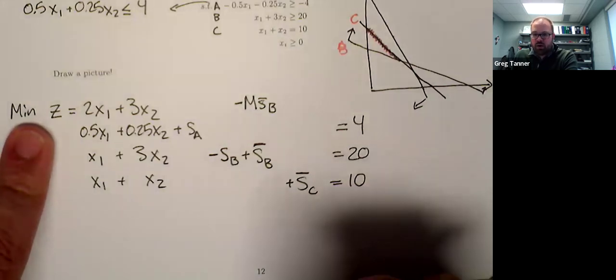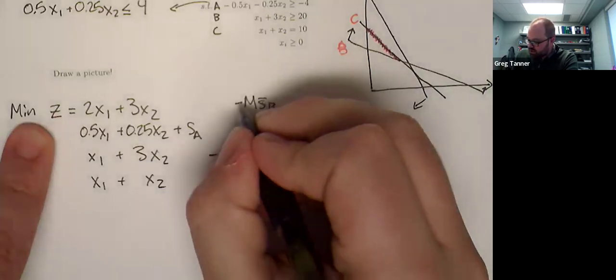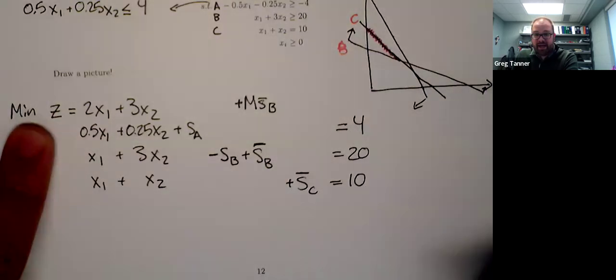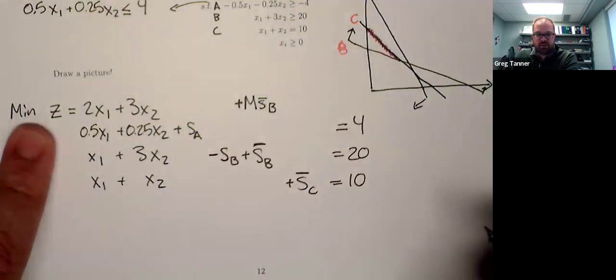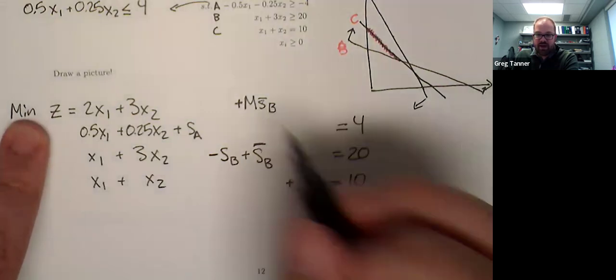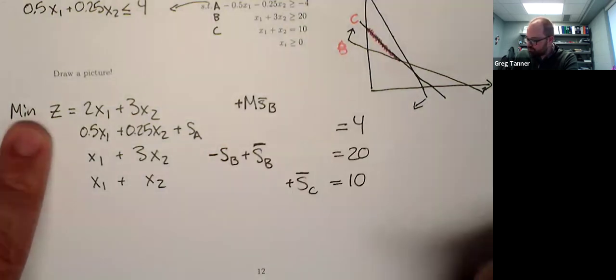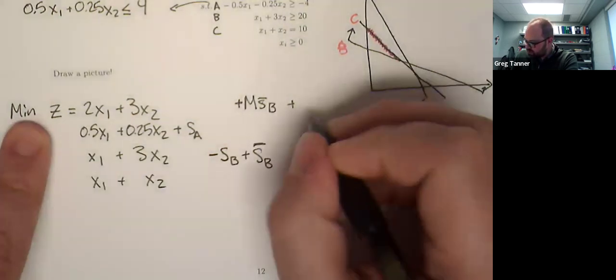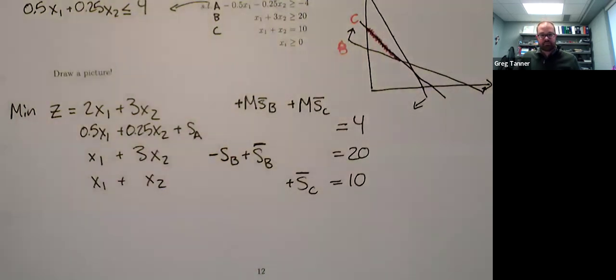So what would work against minimization while making something big? Actually in this case, instead of subtracting, I'm going to add. Always choose this sign depending on what penalizes your objective. If you're trying to minimize, add a penalty. If you're trying to maximize, subtract a penalty. And I'll do the same thing for my other artificial variable, SC bar.